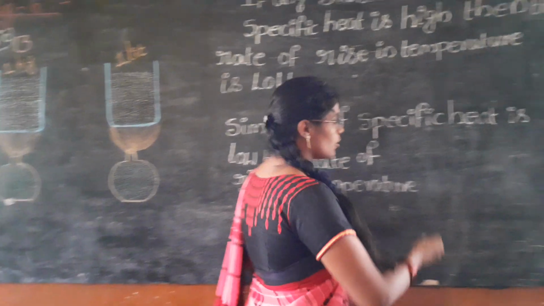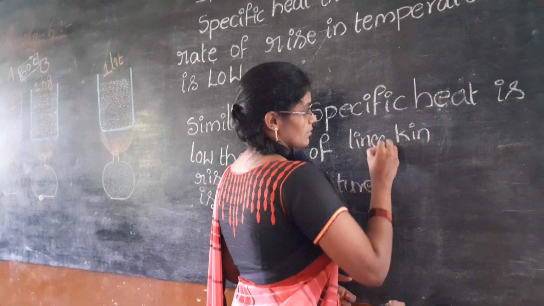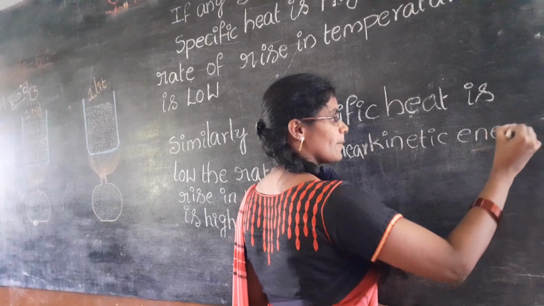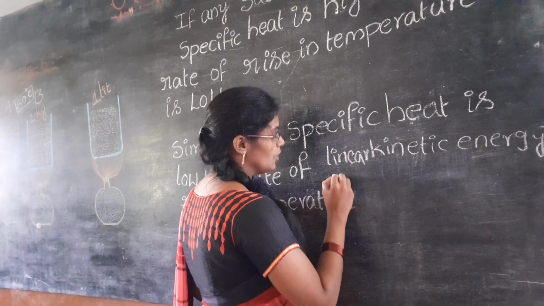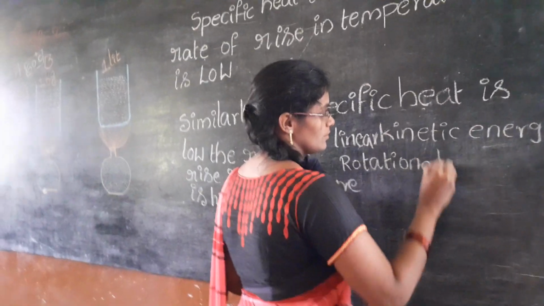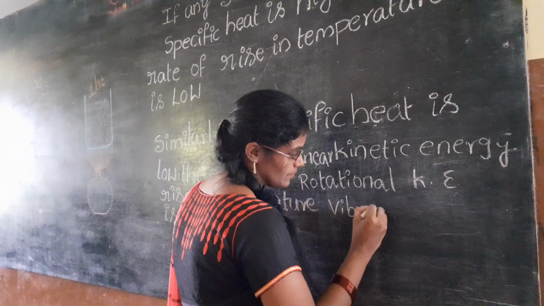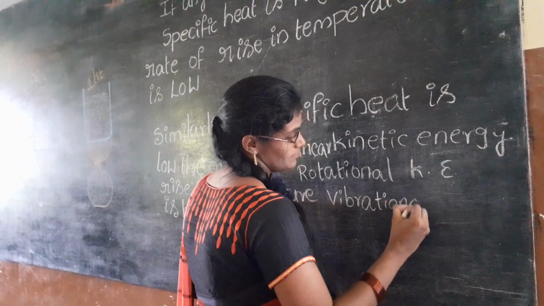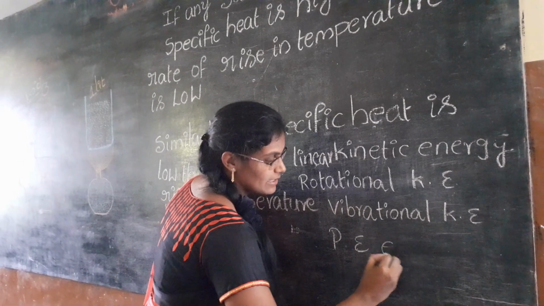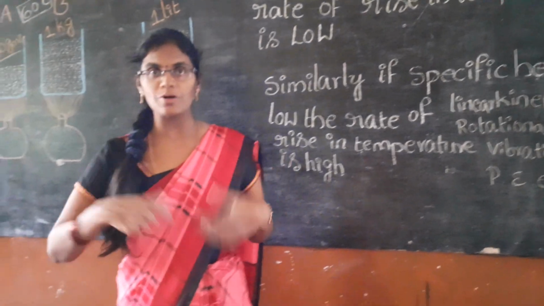For example, they are linear kinetic energy, rotational kinetic energy, vibrational kinetic energy, and potential energy, etc. Like this, a system consists of different types of energies.